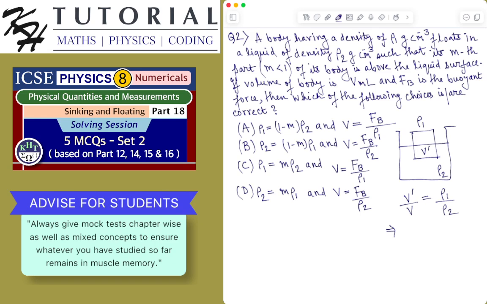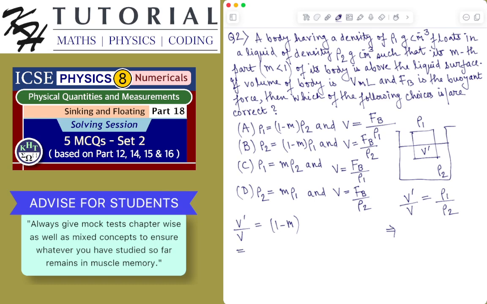So what fractional part of the body is below the liquid surface? From the fact that mth part of the body is above the liquid surface, I can say that 1 minus m is the fractional part of the body below the liquid surface. So I can say V dash by V is equal to 1 minus m.